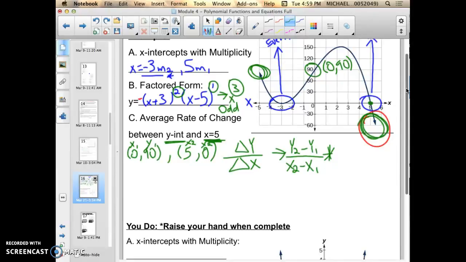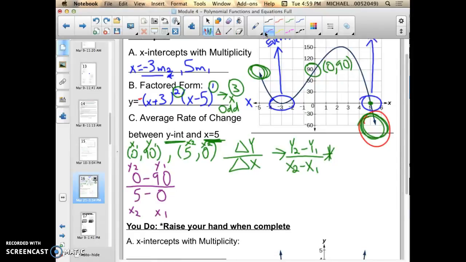So I'm going to rewrite the formula. So I have y2, which is 0, minus y1, which is 90, over x2, which is 5, minus my x1, which is 0. So again, this was y2, y1, x2, x1.